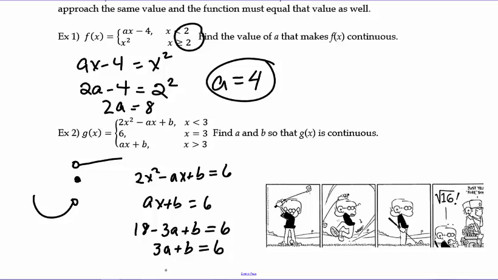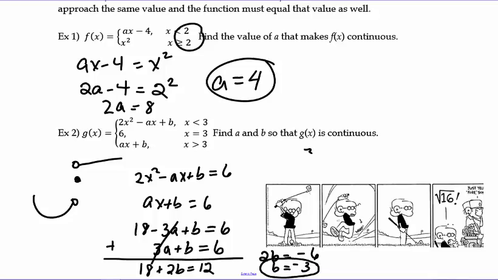So if I have 2 equations and 2 unknowns, this is just a system. I'm going to add the 2 equations together. These guys cancel. I've got 18 plus 2b equals 12. And then if I subtract 18, that means 2b equals negative 6. So then b is negative 3.